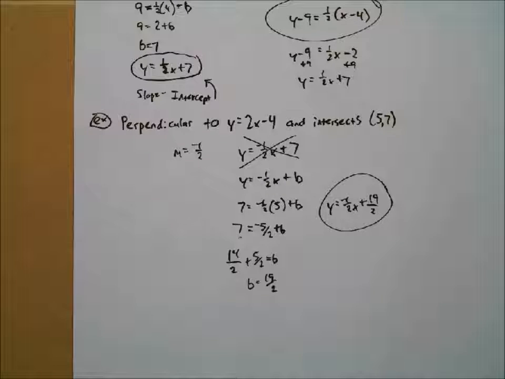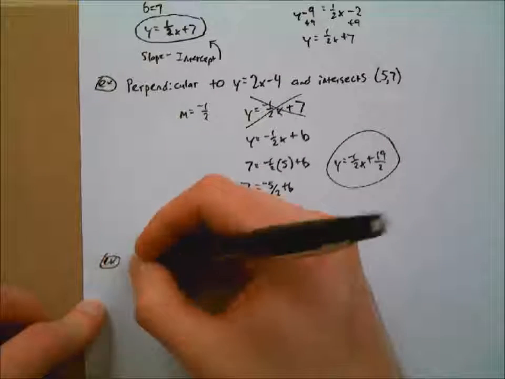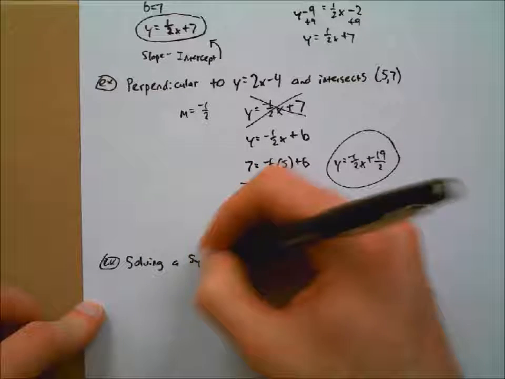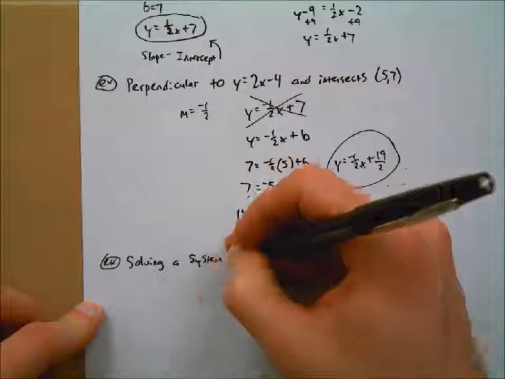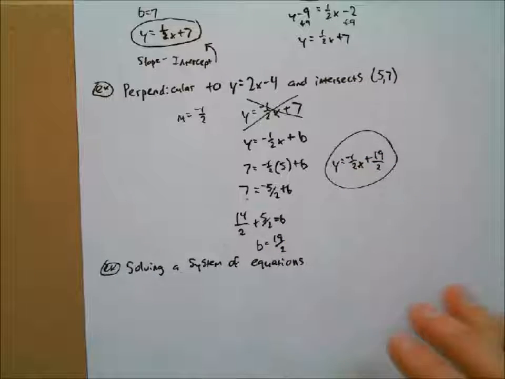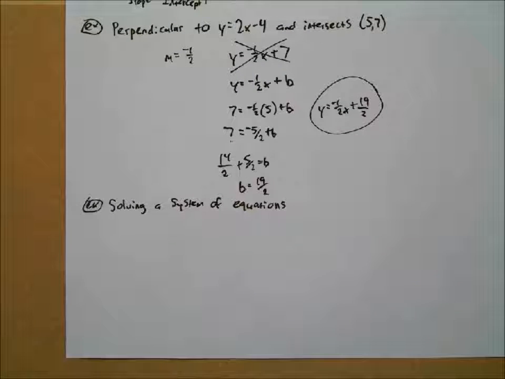So, all right, we'll do this one here. So, solving a system of equations. Again, we're just kind of picking up some random tidbits here. Just to make sure we're okay.